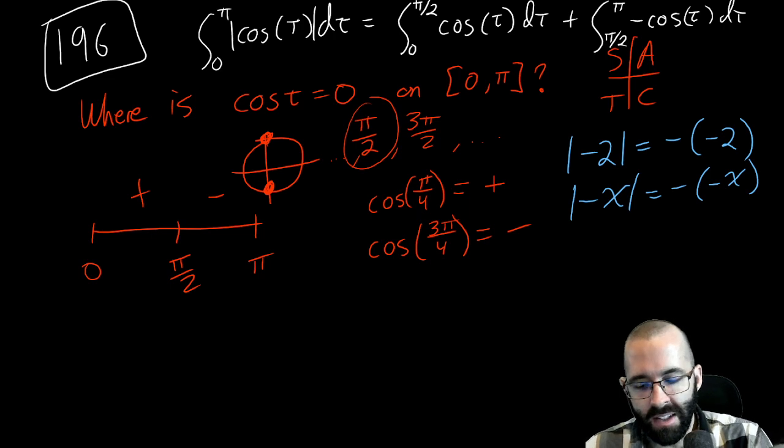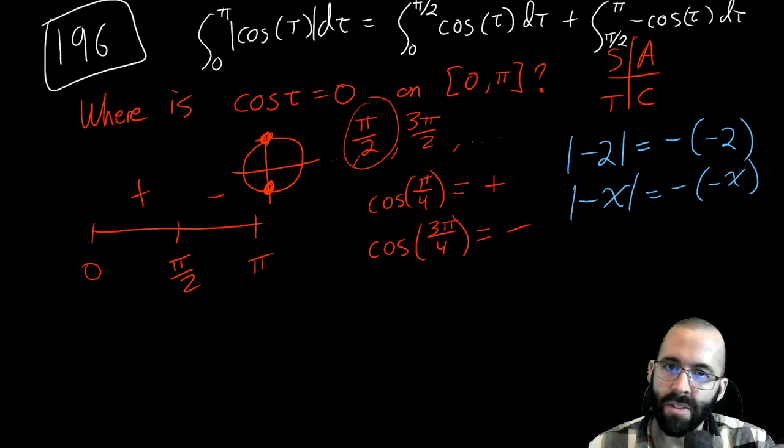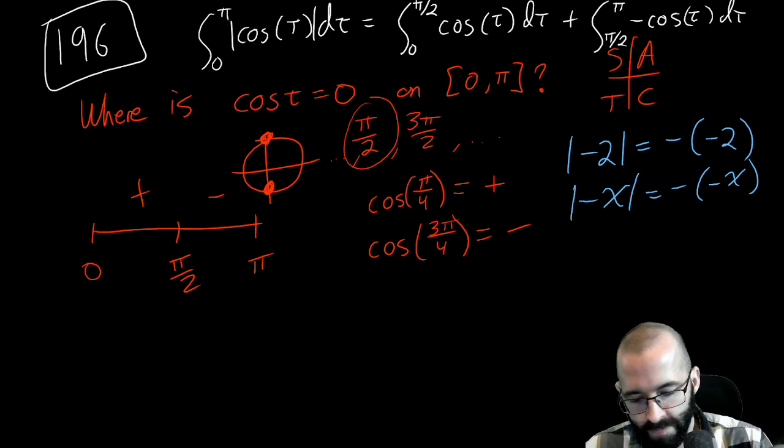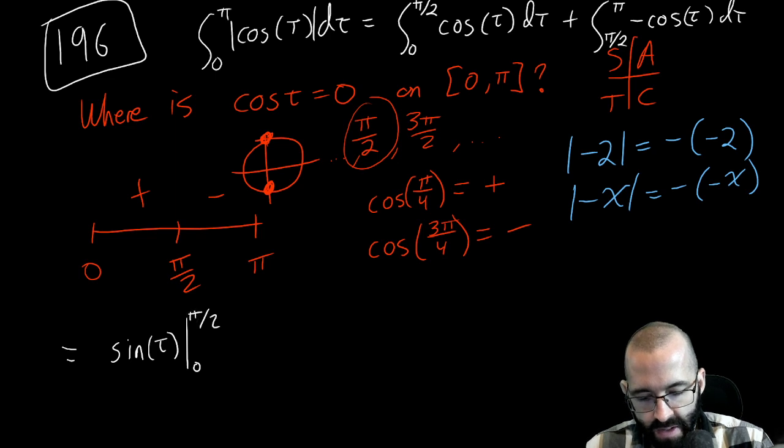And then we can just calculate these as before. The derivative of sine is cosine. So the antiderivative of cosine is sine. So we'll get the sine of t between 0 and pi over 2 minus, right, there's that minus sign here, we can bring that out in front, minus the same antiderivative, sine of t from pi over 2 to pi, and proceed down this way.